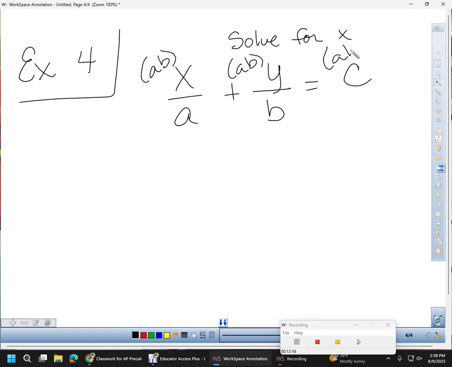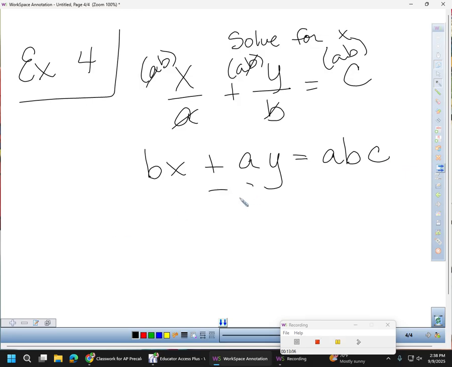including over here. In the first one, my A's cancel, and I have BX plus. In the next one, my B's cancel, and I have AY. And over here, ABC. Very good. Now, do I have all the terms with X in it on the left? Yep. So now I need to move everything else to the right.